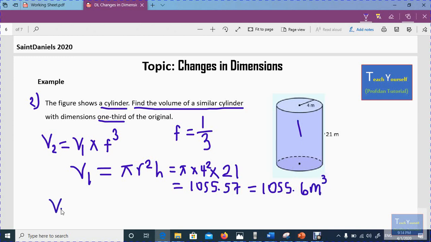Therefore, the volume of the similar figure is going to be volume of 1, the original, 1055.6 times the scale factor, that is F, 1/3, all raised to power 3.